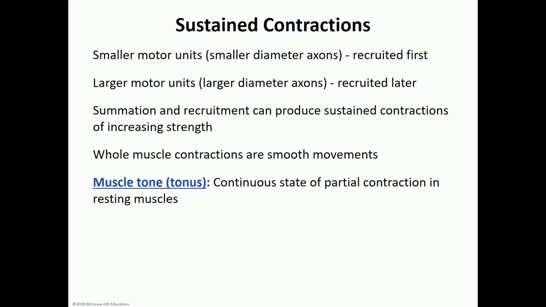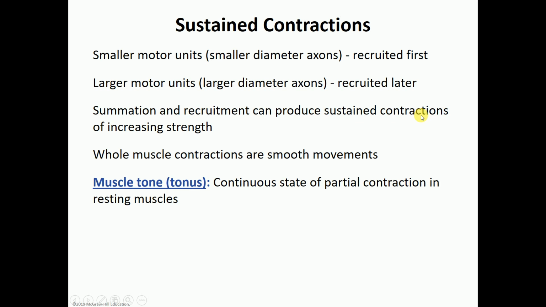In sustained contractions, as we said, the first motor neurons to be recruited are your smaller ones, followed by the larger motor units. We are going to recruit and sum up all of those contractions together in the process that we call summation in order to produce a sustained contraction.